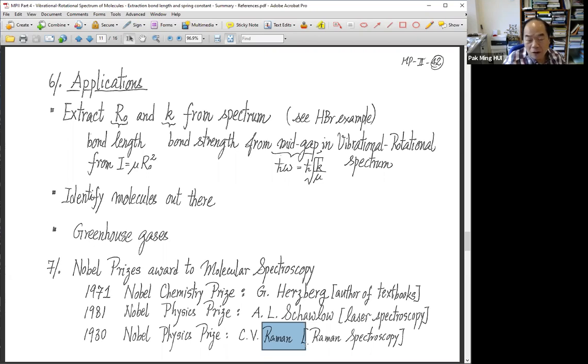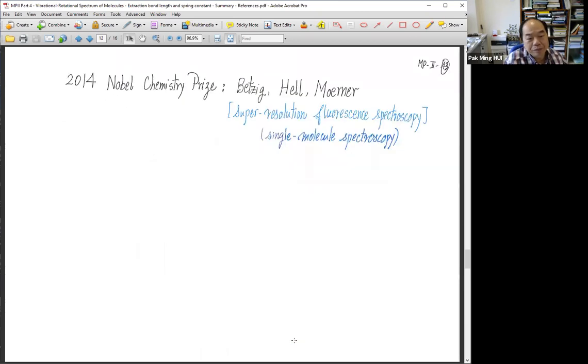And therefore, what we discuss here will not give us any signal, okay? So we don't have any handle to study this kind of molecules? Not quite. There is another technique called Raman spectroscopy that can probe those molecules. So that is a separate idea.